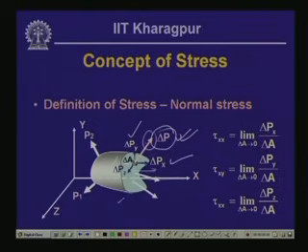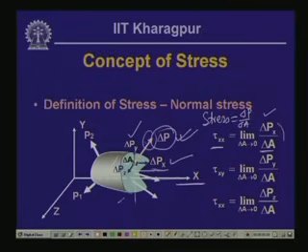Since we are interested in the intensity of this force over this area, del P by del A gives us the intensity, and that we call stress. So, stress is basically equal to del P by del A. We have taken the components along the x, y and z directions, and mind that we have taken a cut whose perpendicular matches with the x direction.